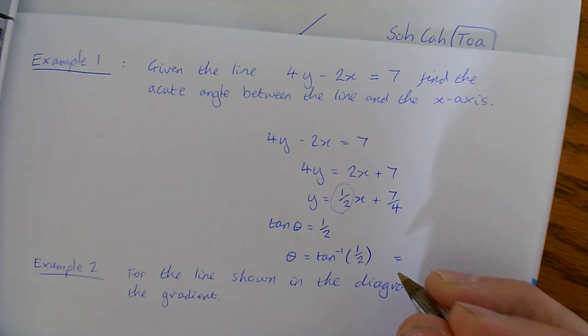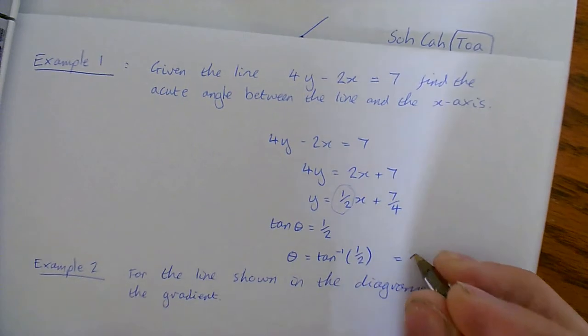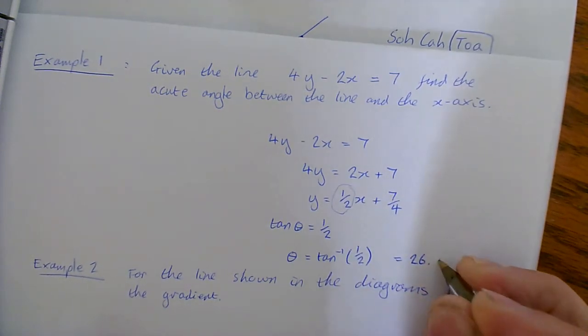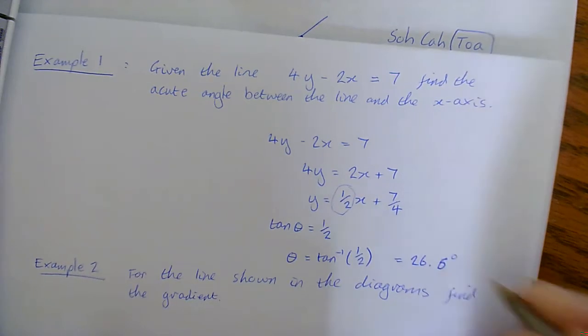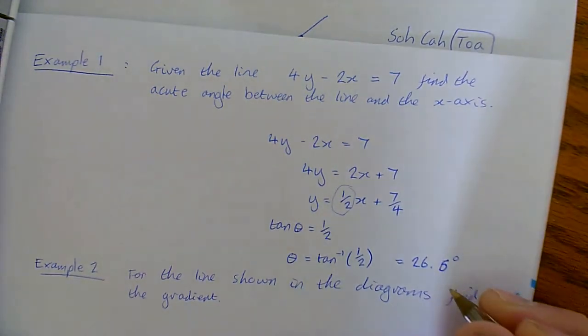So we are doing arctan of a half, and we're just going to work that out. So we get 26.6 degrees to 3 significant figures.